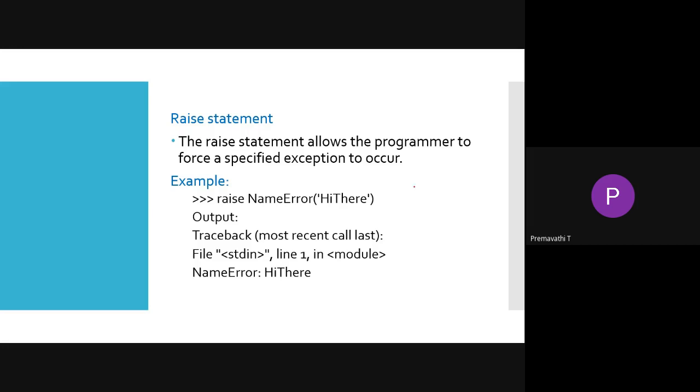In that example, raise is the keyword, and NameError is the user-defined name for the error. When you give it like this, the output is Traceback, most recent call last, File stdin, line 1 in module, NameError: hi there.